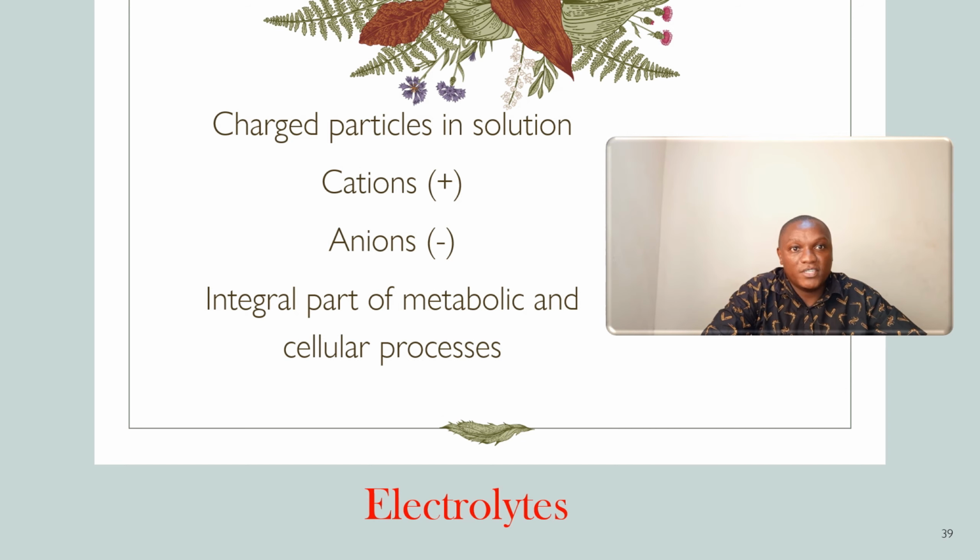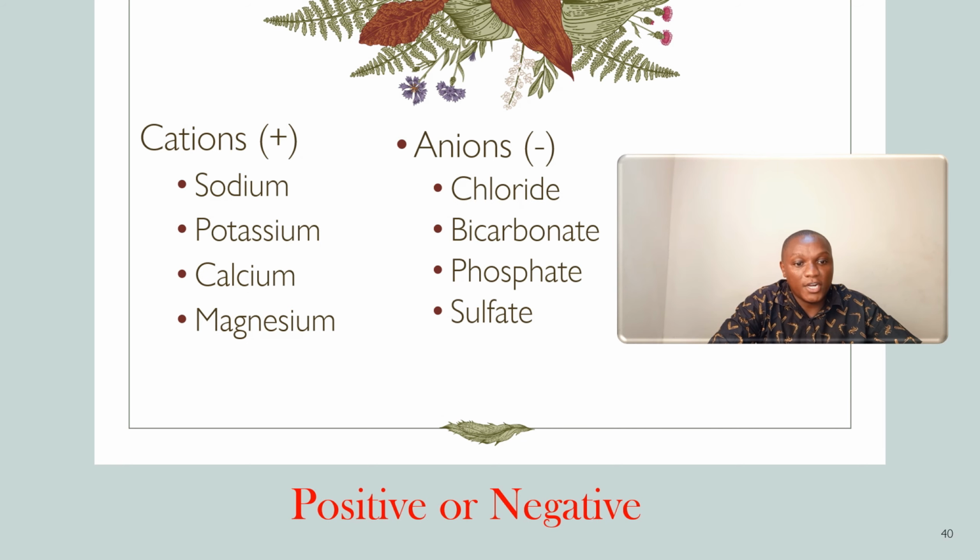We will now look at electrolytes, and these are charged particles in a solution. Electrolytes can be positively charged, which we call cations, or negatively charged, the anions. Electrolytes are an integral part of metabolic and cellular processes. Positive electrolytes, which we call cations, are sodium, potassium, calcium, and magnesium.